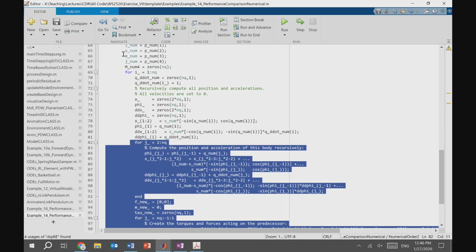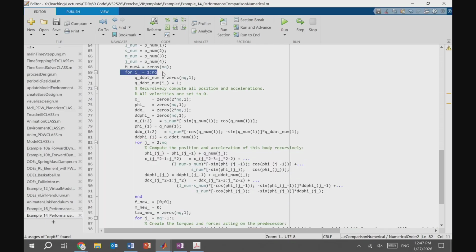And then wrapped around it, I have this idea where I compute the mass matrix column by column, where I essentially define a 0 of my Q double dot, and then I set the element i to 1. So this is where I generate this vector 0, 0, 1, 0, 0, 0, or wherever we are, which gets multiplied, in a sense, with the mass matrix.